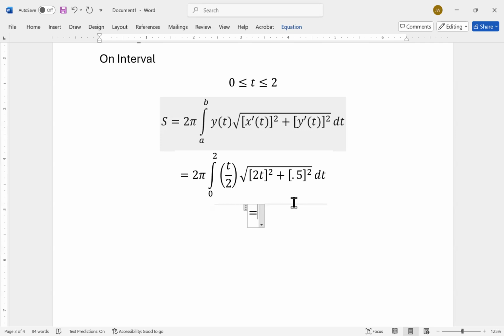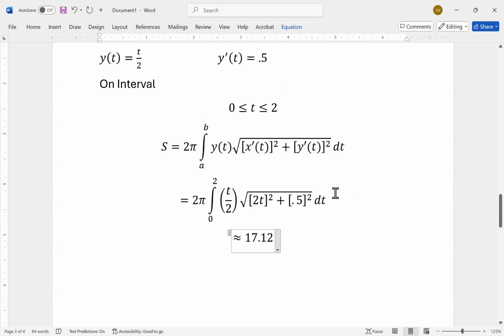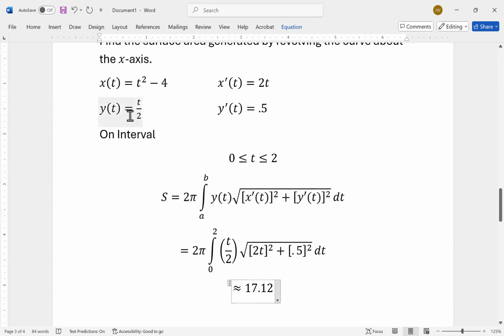When I computed all of this, hopefully I calculated it right and I typed it in correctly, but I ended up with about 17.12. That's after we multiplied by 2 pi. Don't forget to multiply that by 2 pi. So that's the surface area for taking this curve and revolving it around the x-axis.